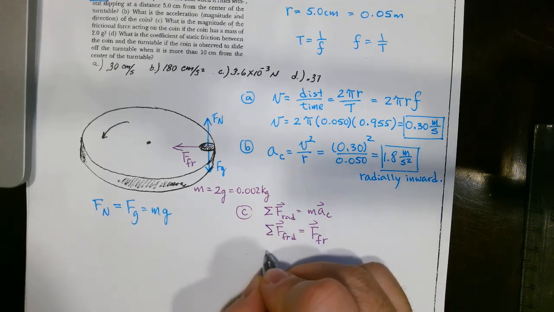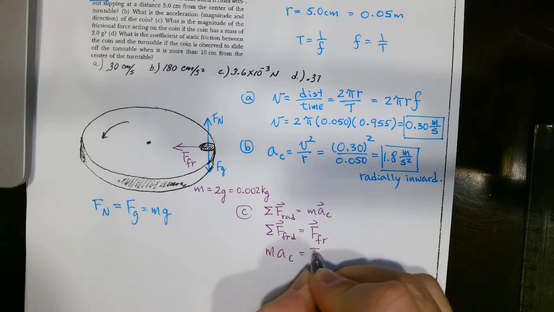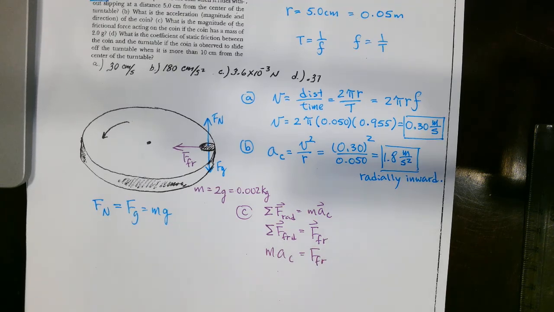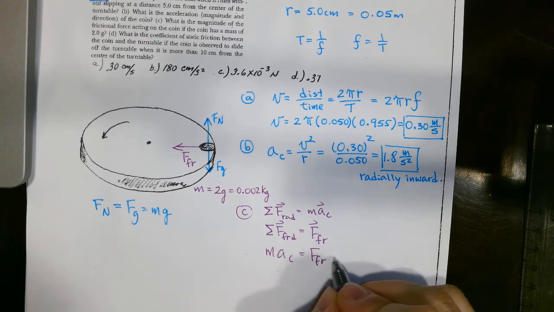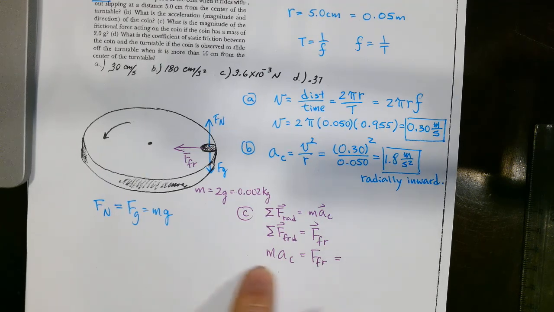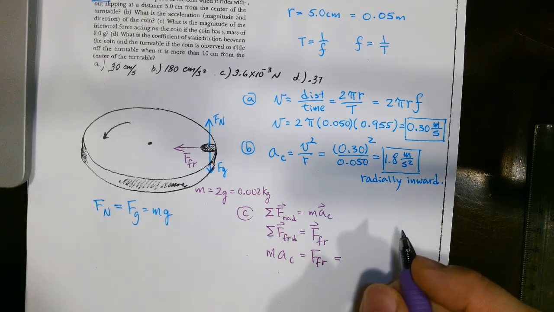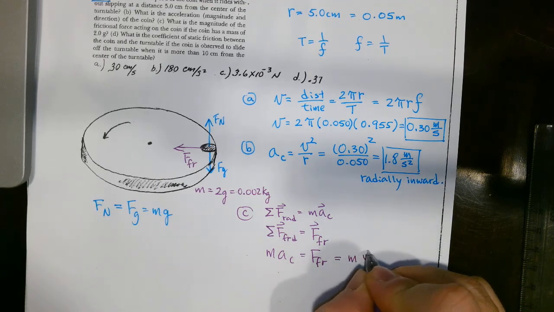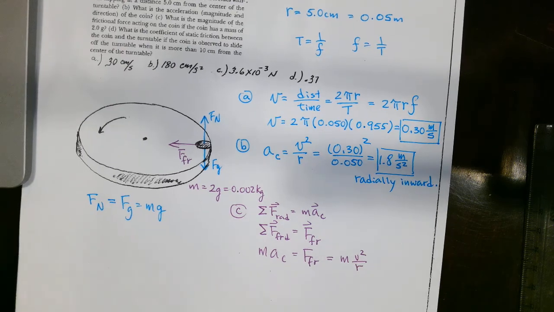So m a_c is equal to the frictional force. And since they want to know what the frictional force is, we just have to figure out what this m a_c is. Now, since the frictional force and a_c are in the same direction, they're both positive. That is m v squared over r.